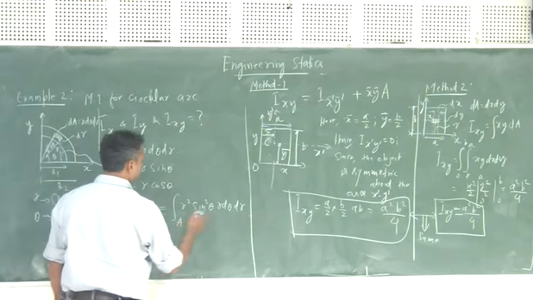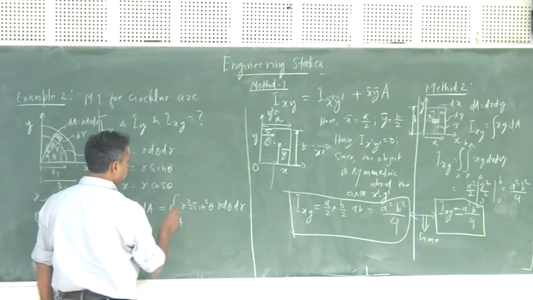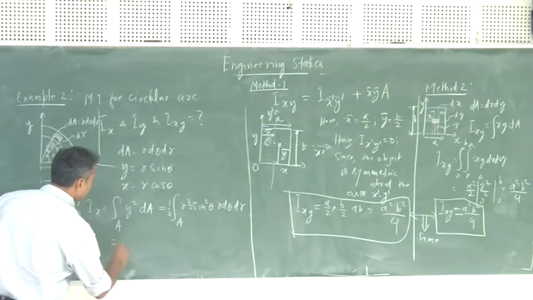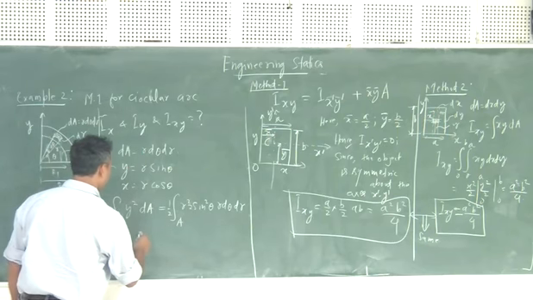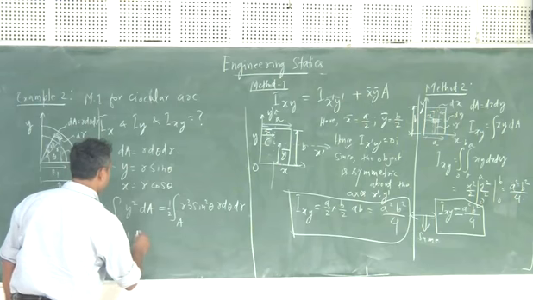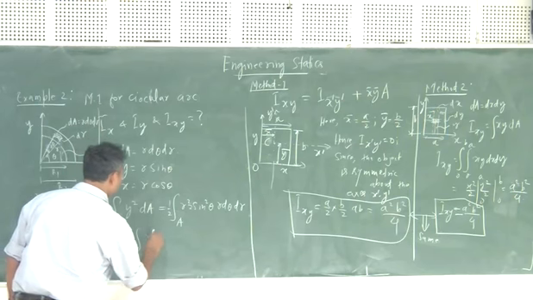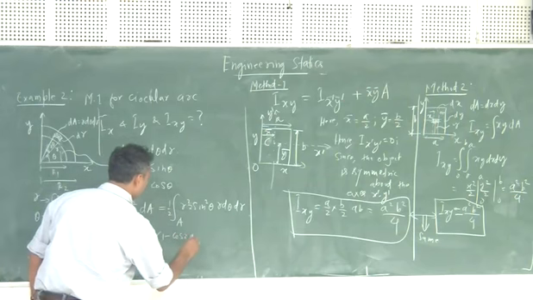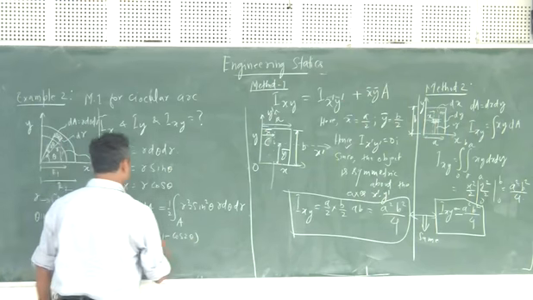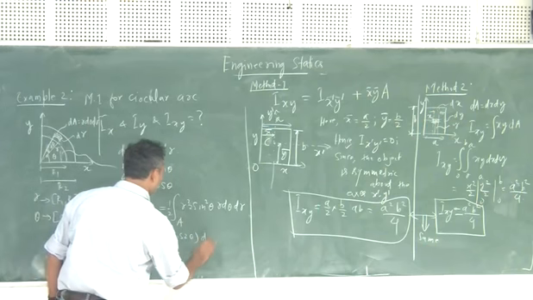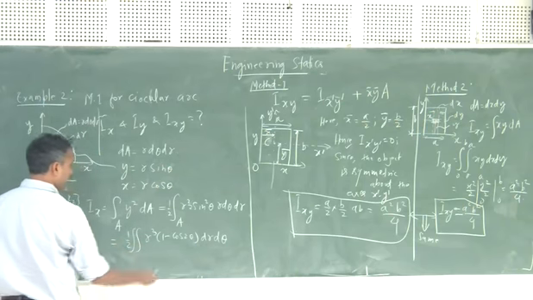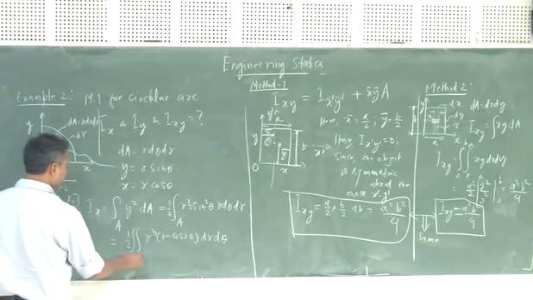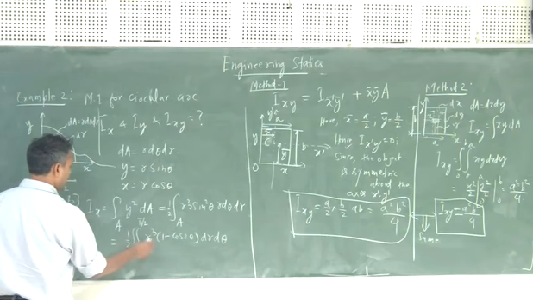So if you apply the formula again, sin squared theta becomes 1 minus cos 2 theta by 2, and we have r squared times r, which is r cubed dr, and then theta. Theta is varying from 0 to pi by 2, r from r1 to r2.